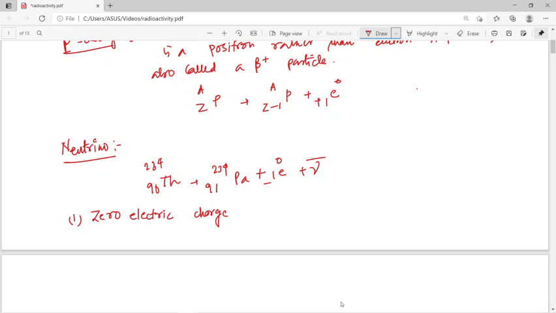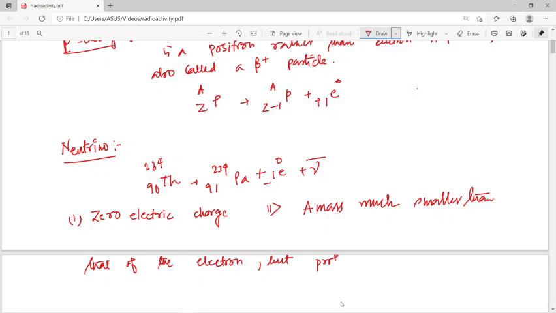The second property is a mass much smaller than that of the electron, but probably not zero. Recent experiments suggest that the neutrino definitely has mass, but the value is uncertain.